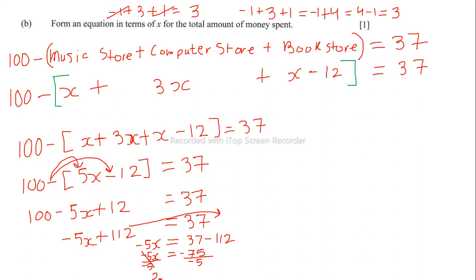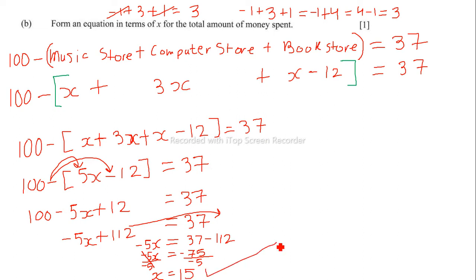So we are left with x is equal to, what is -75 divided by -5? 15. Positive 15, because a negative and a negative cancel each other. And so x is 15.